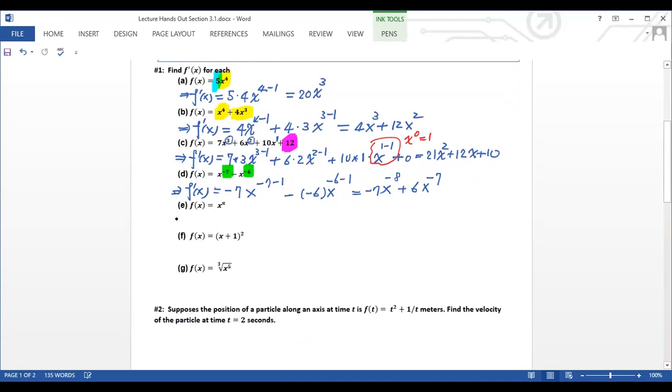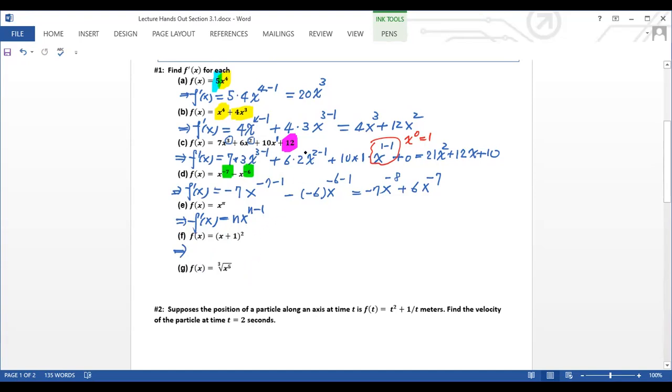Okay, so now that's just our formula. So what is f prime x? It's n times x to the n minus 1, right? Okay, so now in part F, we're going to talk about f of x equals x plus 1 squared.